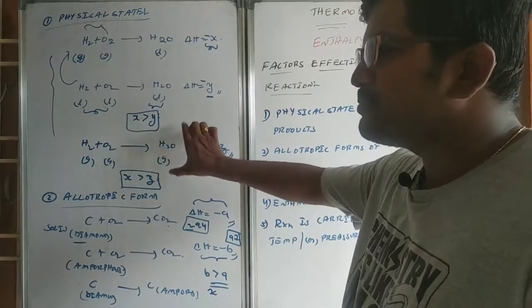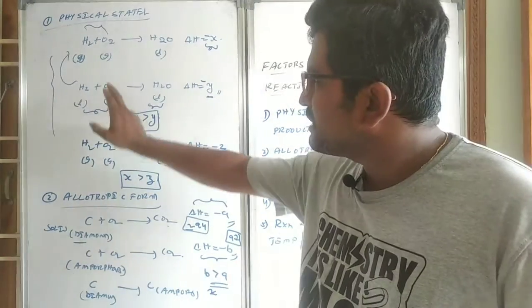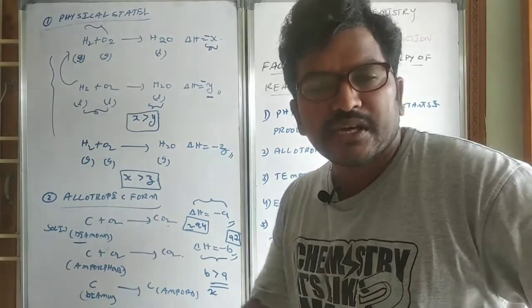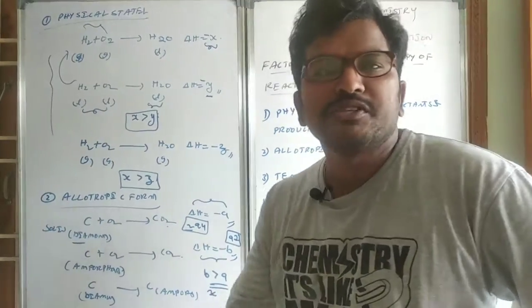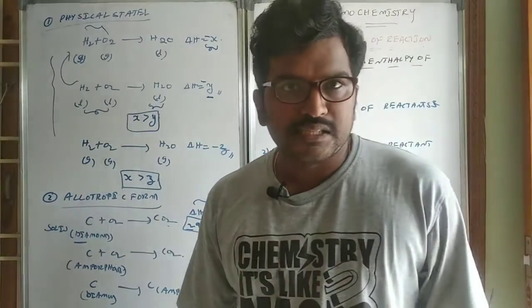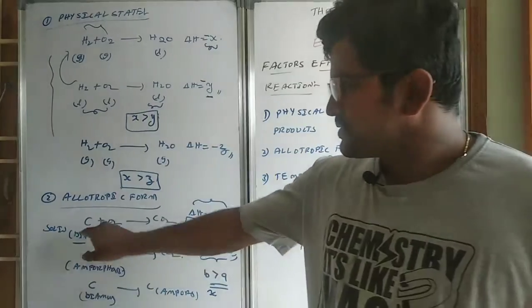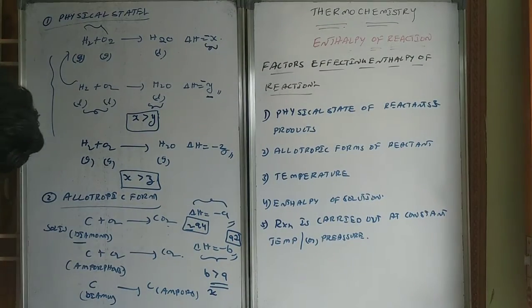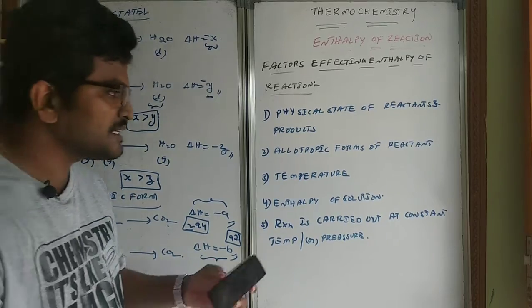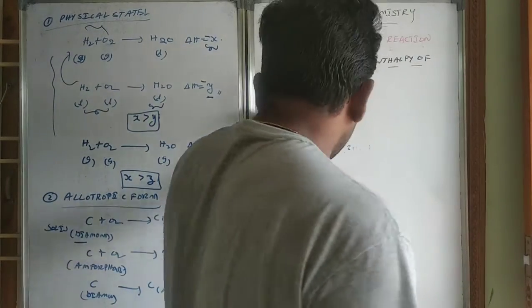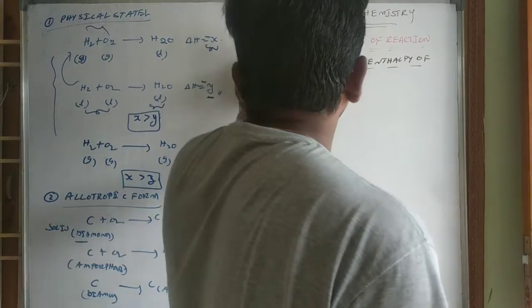These two are very important ones, because they will give you the reactants or products in different allotropic forms and they will ask you which will have more enthalpy of reaction, which will have less. Here you see carbon will have allotropic forms: diamond will be there, as well as graphite, fullerenes, and lamp black also will be present.